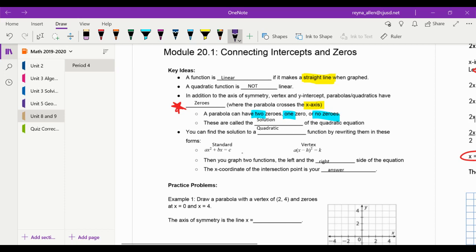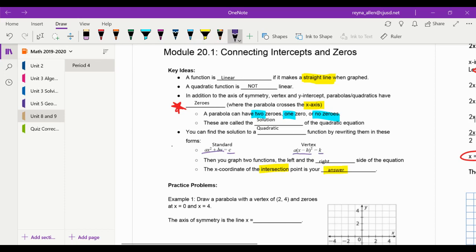If you wanted to graph these two different formats, you would graph the first portion as a parabola, and then you would graph the second one as a horizontal line. Same thing, parabola, horizontal line, wherever your graph intersects, that would be your answer.